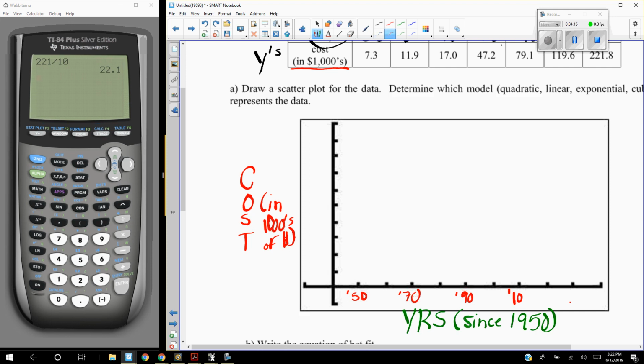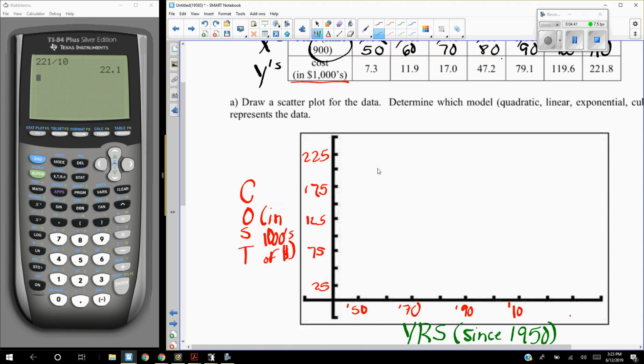I'm going to count by 25s. Remember, that's $25,000. And I'm going to skip every other one. So 25, 50, 75, 100, 125, 150, 175, 200, 225.